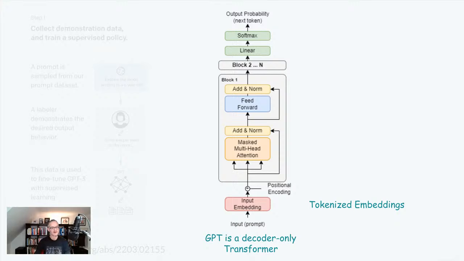And the first step there is to tokenize the embeddings. So there's two steps here. First is tokenization, and that's the process of going from text, like full-on English text or Spanish text or whatever, into tokens. And you can do that in many ways. A token could be a specific word, or it could be a subword, or it could be a letter, or it could be an ASCII code.